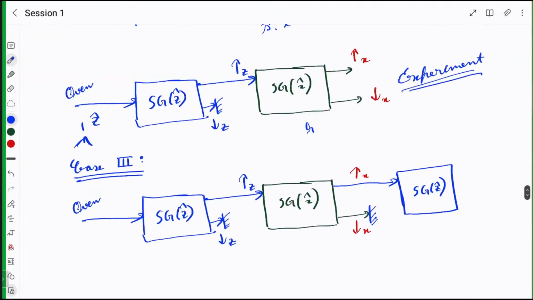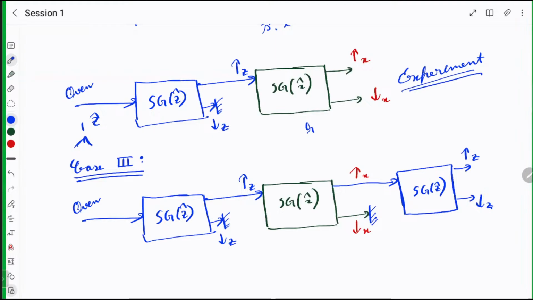If we still consider classical mechanics to be somewhat right, then it predicted that neither up nor down x will come out, but both came out. So it's obvious that here also both up z and down z will come out.